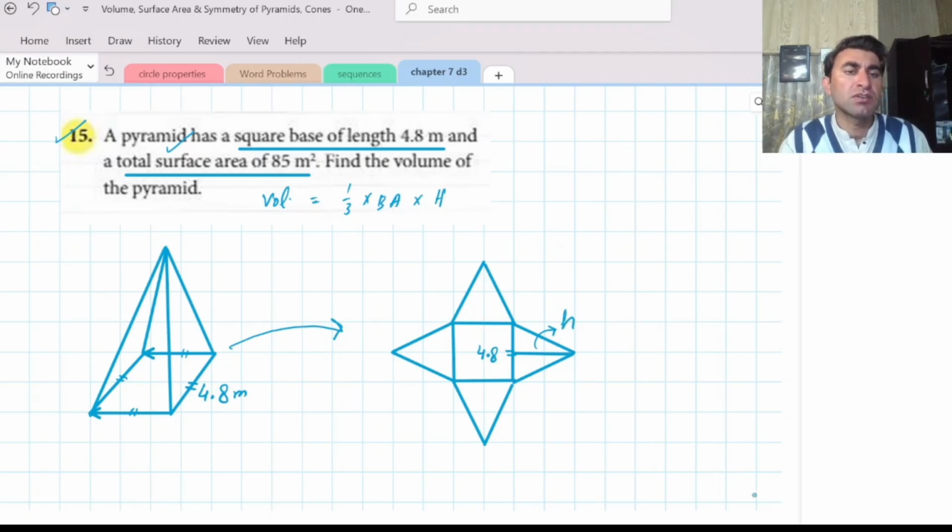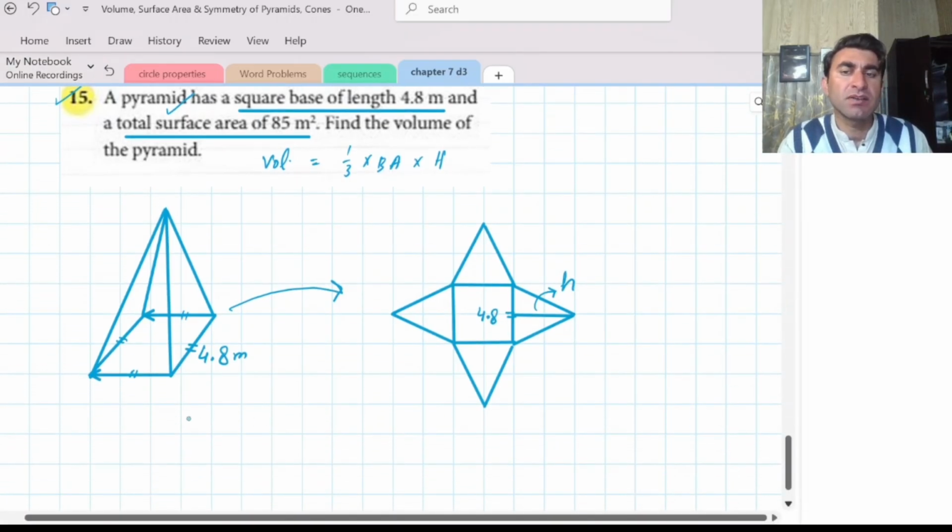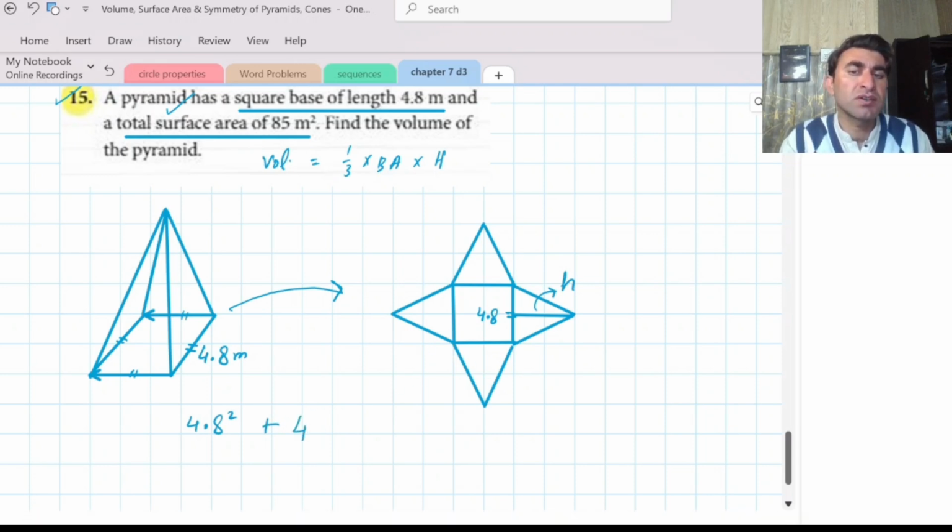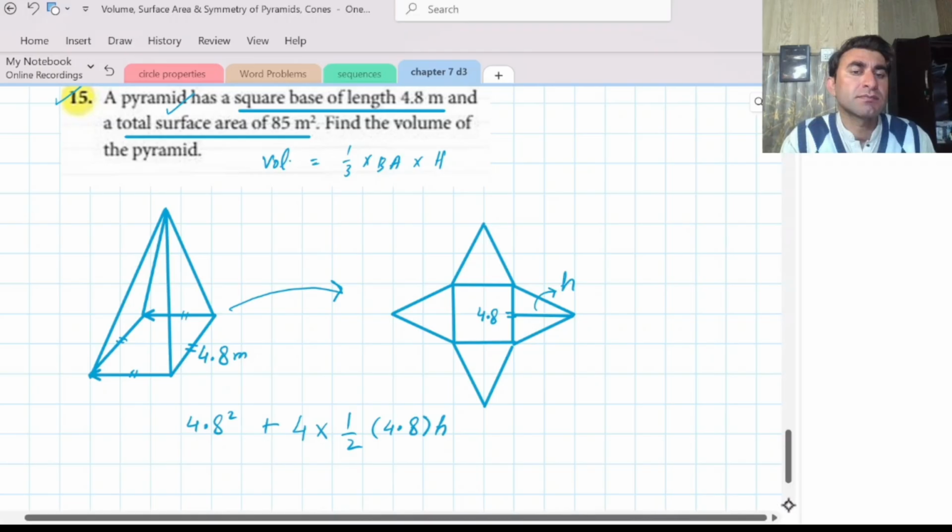So as we know, the total surface area will be the area of base, which is 4.8 square, plus the area of four congruent triangles, so I will write it as 4 times 1 by 2 into base times height, and base is definitely 4.8, and the slant height is unknown, so I will name it as small h.